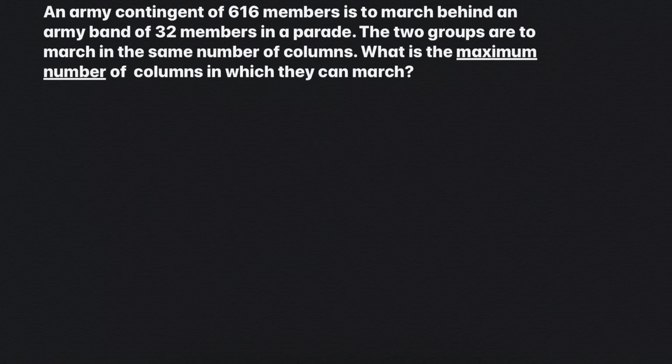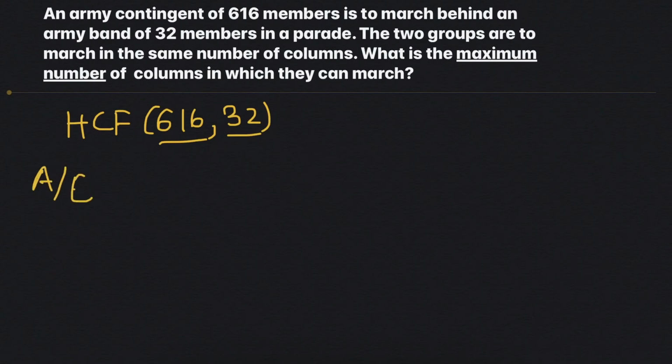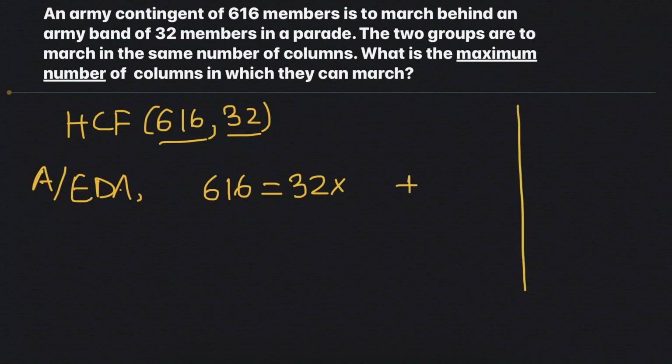Okay, in this case, we find the HCF of 616 and 32. According to Euclid's division algorithm, we can write 616 in terms of 32 and some remainder. So let's divide 616 by 32.